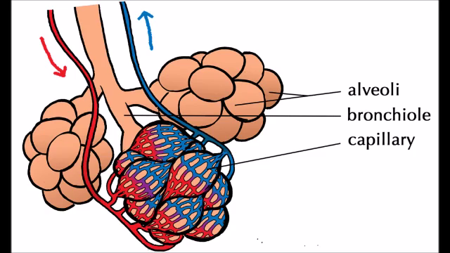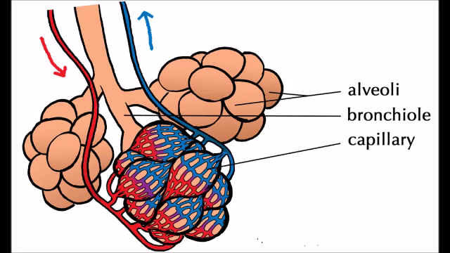The airways end in clusters of alveoli. There are approximately 150 million of these cup-shaped sacs in each lung, and this large amount of alveoli allows for maximum surface area for gas exchange. Each cluster is surrounded by capillaries, which are extremely small blood vessels. Gas exchange occurs in the alveoli.